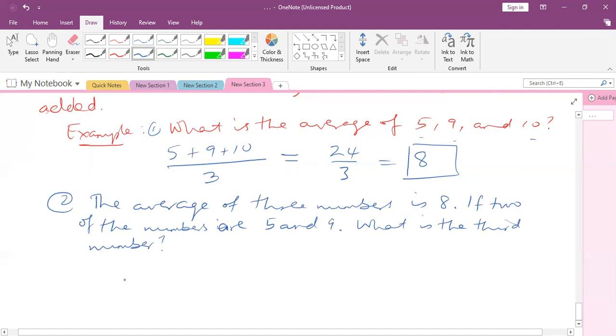For a problem like this, we have to think of what the average means. We said that the average is adding all the numbers and dividing by the number of numbers being added. I don't know the third number in this question, so I'm going to use a variable to represent it. Let X represent the third number.